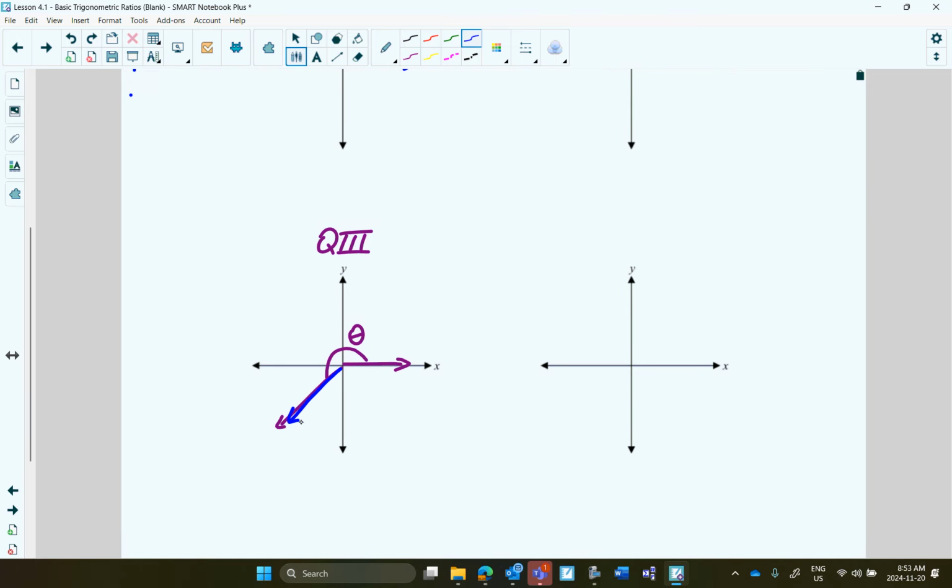So notice that in quadrant 3, the reference angle is always part of the angle that terminates in quadrant 3. In quadrant 2, they're separate, but they both add up to 180. But in this one, theta r is part of theta. The question is how much?